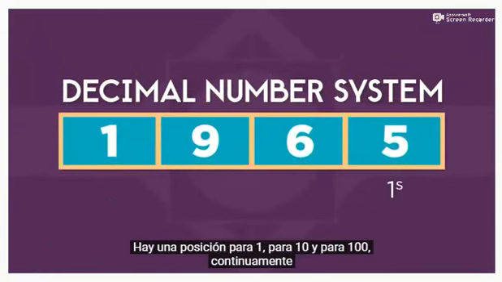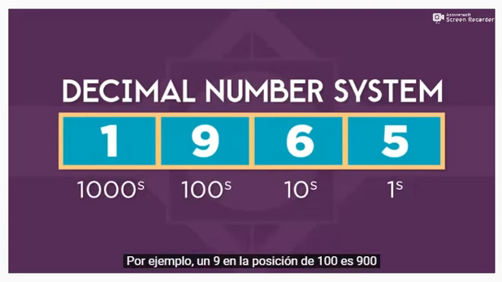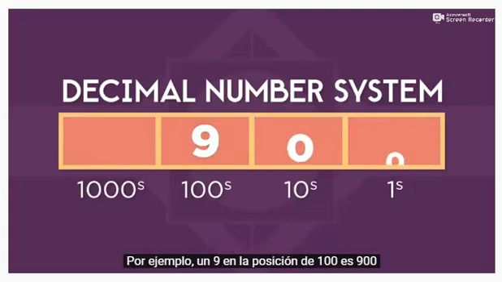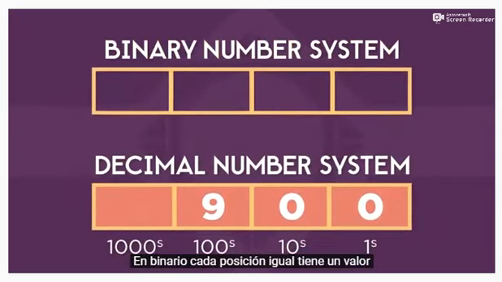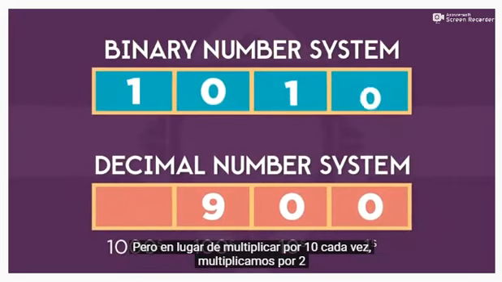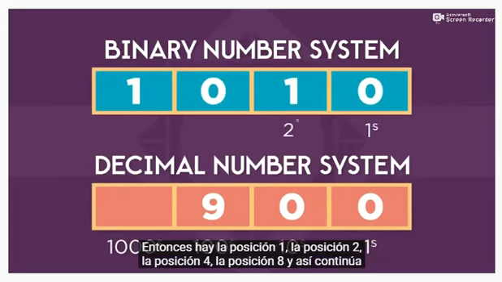There's the 1 position, the 10 position, the 100 position, and so on. For example, a 9 in the 100 position is a 900. In binary, each position also carries a value, but instead of multiplying by 10 each time, we multiply by 2. So there's the 1's position, the 2's position, 4's position, the 8's position, and so on.